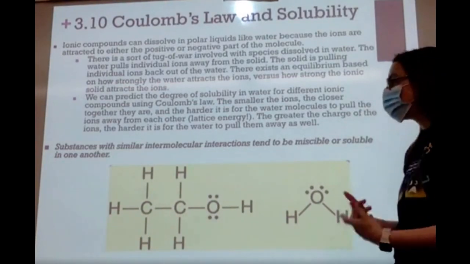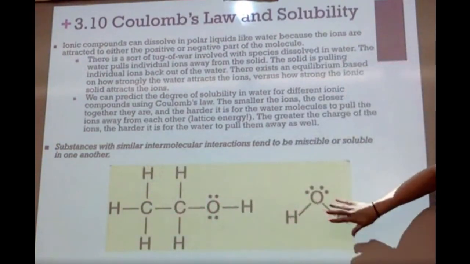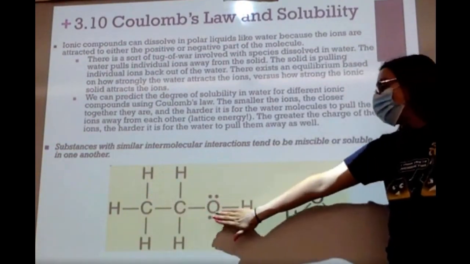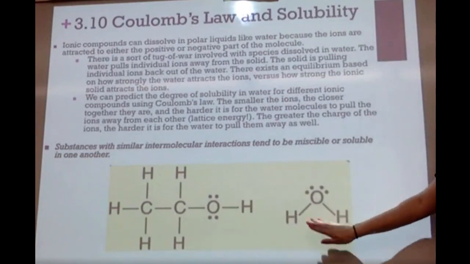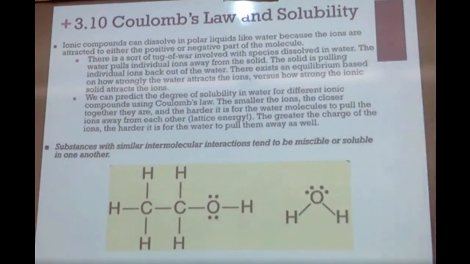We cannot use "like dissolves like" as our explanation. Our explanation is that when both of these samples are combined in the same container, the molecules will form hydrogen bonds with each other. They form similar types.